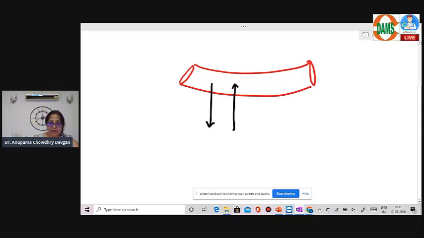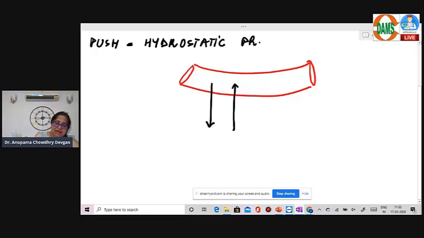Now, what is the push force? Push force is hydrostatic pressure. H in push, H in hydrostatic.